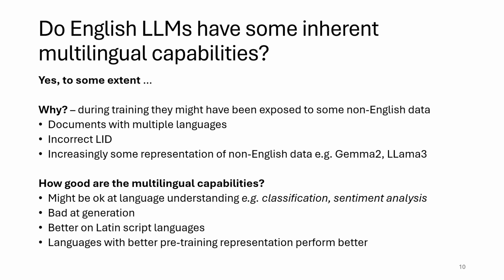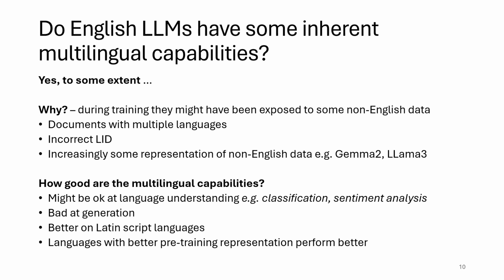Or maybe an incorrect LID resulted in data from other languages also creeping into the pre-training mix. And increasingly, many models are getting some representation of non-English data. For example, the latest Gemma 2 and Llama 3 models do have multilingual data represented. Although, as I said, it is way less than English, less than 10%.